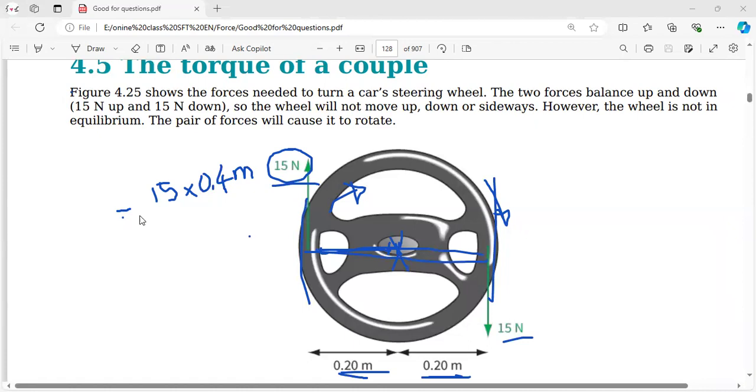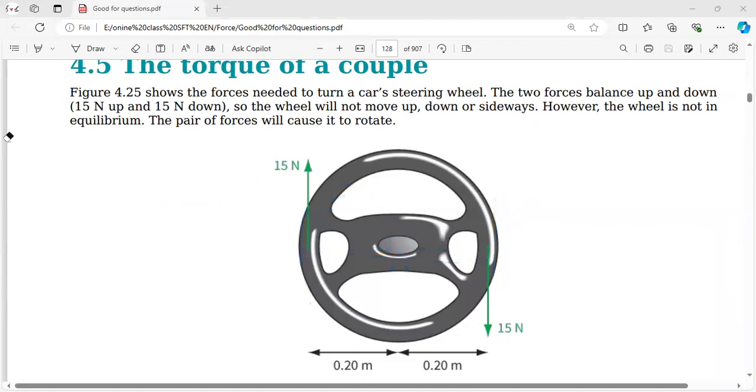However, in this case, since it satisfies those three conditions, the equation becomes different, though it is the same thing: one force multiplied by the distance between the two forces, not from the pivot point. You can see that if you use the principle of moments, you will get the exact same answer.